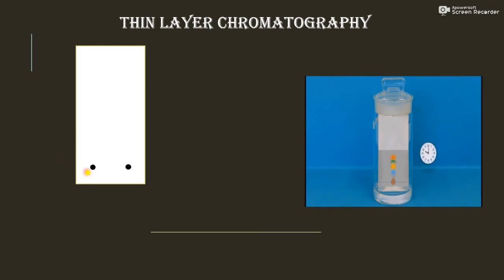Over here, this is the TLC plate and the spotting is done. Then during development, the spots run with the mobile phase depending upon the affinity and the adsorption, and the separation takes place.